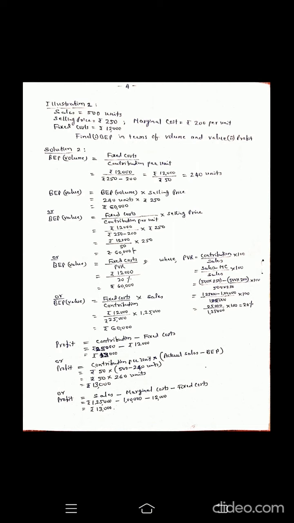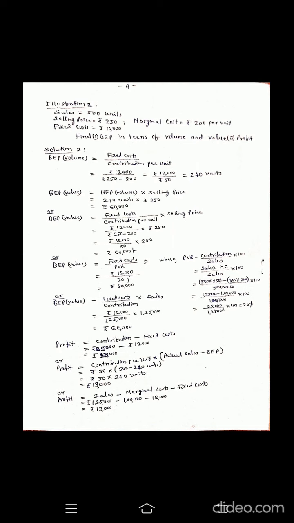can be computed with the alternative formula. Fixed cost divided by contribution into sales. Rupees 12,000 fixed cost divided by contribution rupees 25,000 into sales 1,25,000. Again it comes to rupees 60,000.